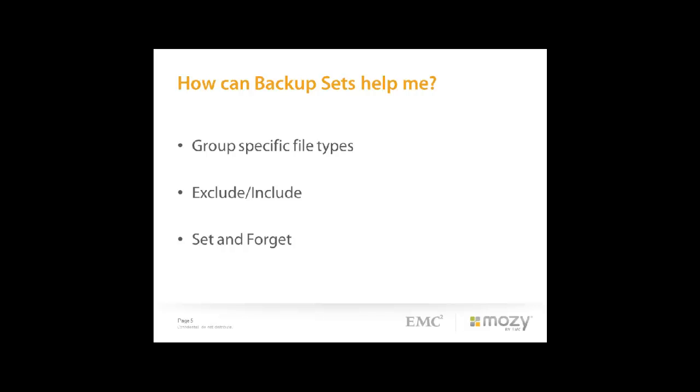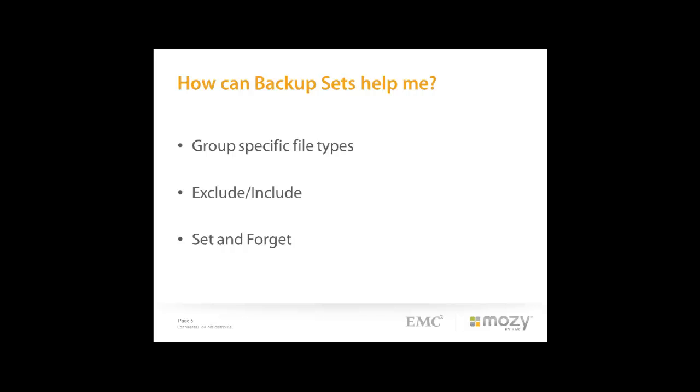So when you're creating an exclusionary rule, you select the files that you want to exclude, you include them in your backup set, and then you exclude that particular backup set from backup. When we go through the walkthrough, I'll show you how to do that step by step to create an exclusionary rule.